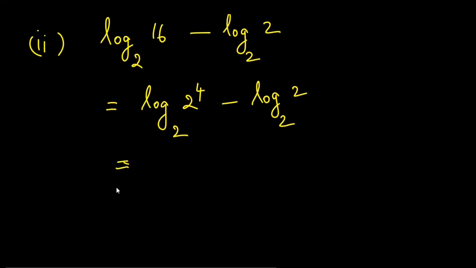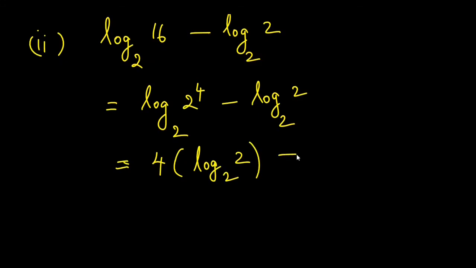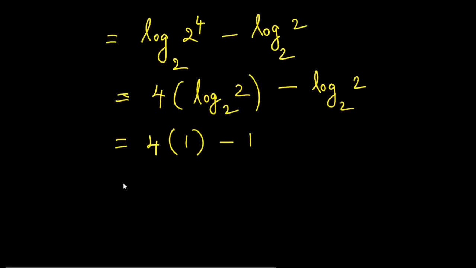By applying power rule, we get here 4 into log of 2 to the base 2 minus log of 2 to the base 2. So this is 4 into 1 minus 1. This becomes 3.